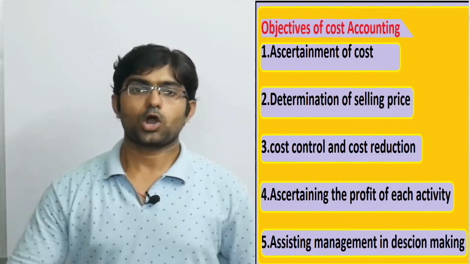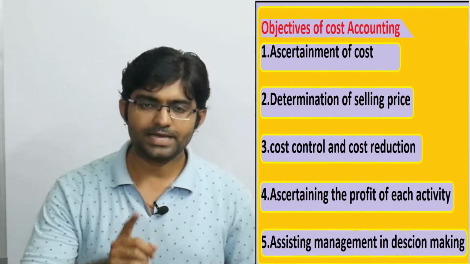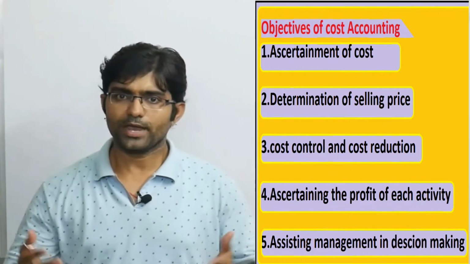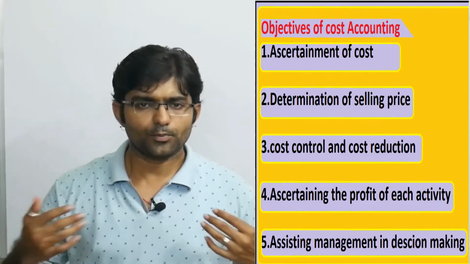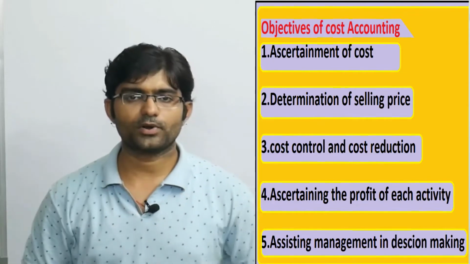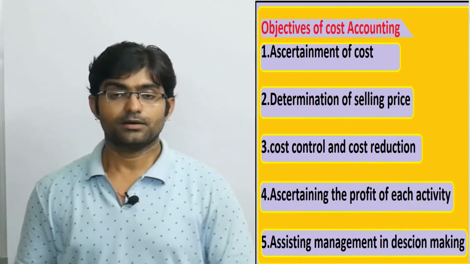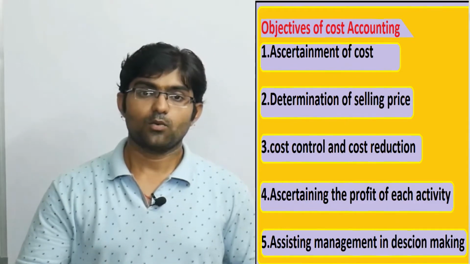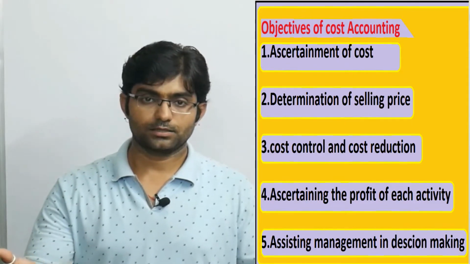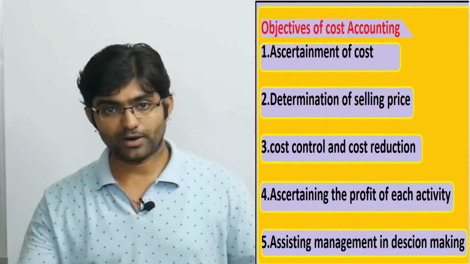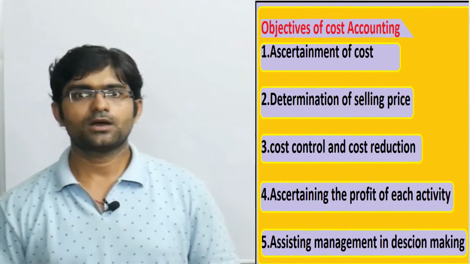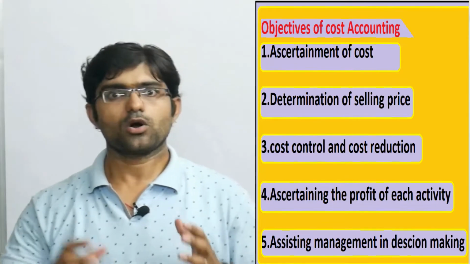But the cost of the product is a main base for fixing the price of the product, because we can't price our product less than our cost of production. So costing helps in determination of price by giving a base, that is, what is your cost of the product. Now, what is your required margin? Accordingly, fix your price.